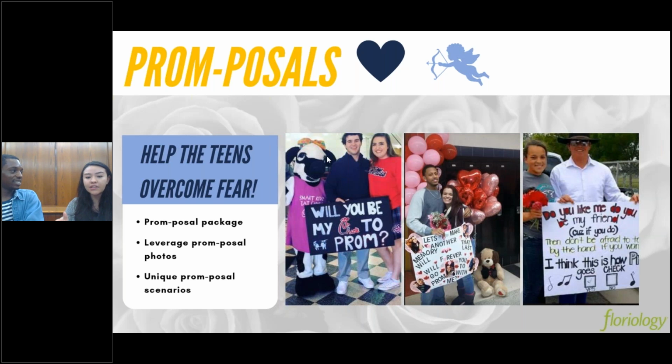If you go online and search promposal, many of those pictures go viral. And by viral, we mean many people like it, many people follow it. So if you get a chance of having a high schooler that puts your picture there and tags your flower shop, your post will have a lot of exposure.